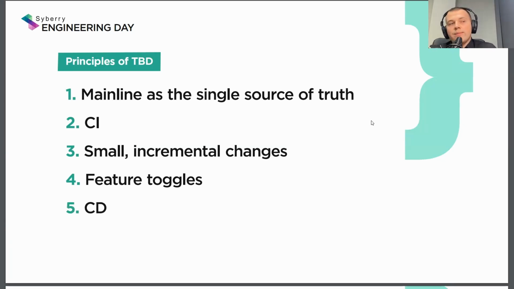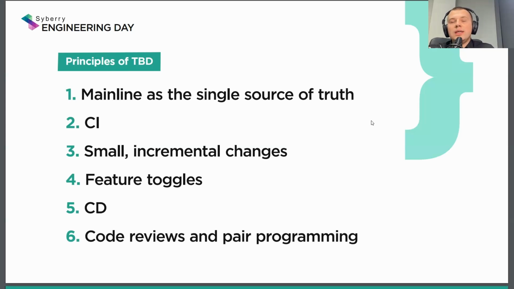Continuous delivery. What I can say here: trunk-based development aligns well with continuous delivery practices, where every commit to the main branch is potentially releasable. This enables a faster feedback loop, shorter release cycles, and the ability to deliver value to users more frequently. And the last but not least item here is code review and pair programming. Regular code review and pair programming sessions are essential in trunk-based development.